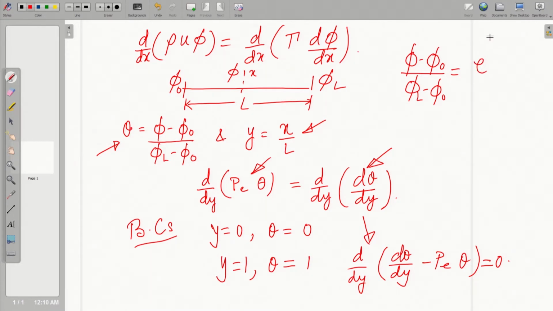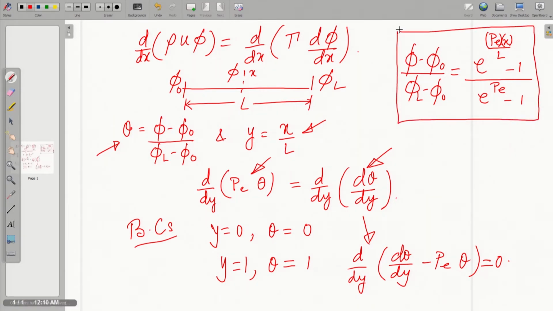So, you have exponential terms. The one in the numerator would look like this, e to the power of Pe times x by L minus 1, and what you have in the denominator is e to the power of the Peclet number minus 1. So, this is how it figures.